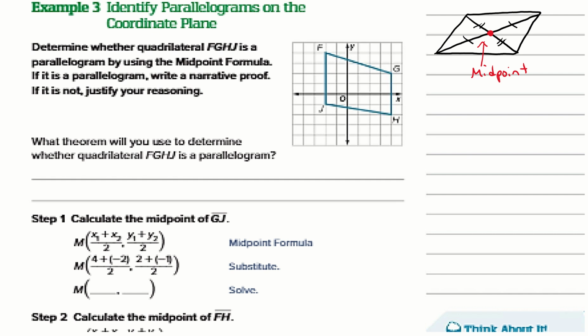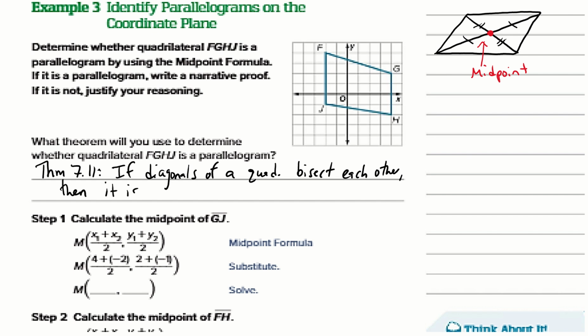So if we can determine the midpoint using the midpoint formula, and if the midpoint is the same for both diagonals, then it must be a parallelogram, okay? So here we're using theorem 7.11. If the diagonals of a quadrilateral bisect each other, then it is a parallelogram.